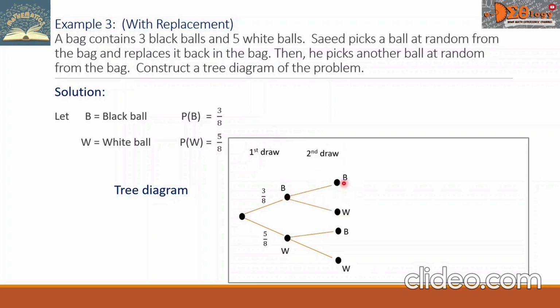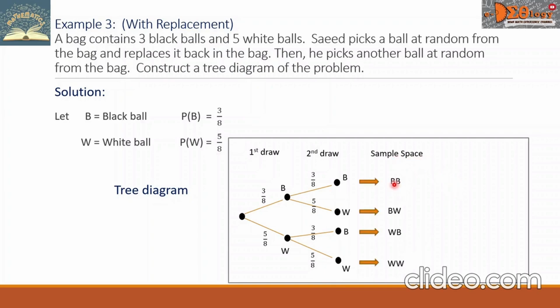So we have B and W, B and W respectively. Then we write the respective probabilities. Since the first ball is replaced back, there is no change in the probability. So we have 3 over 8, 5 over 8, 3 over 8, 5 over 8 respectively.